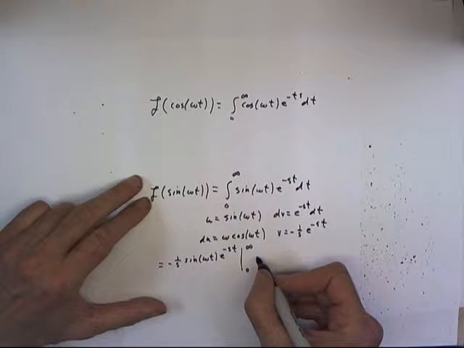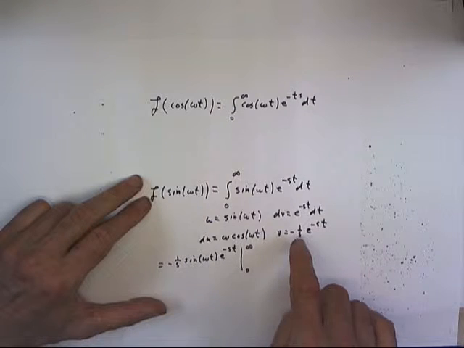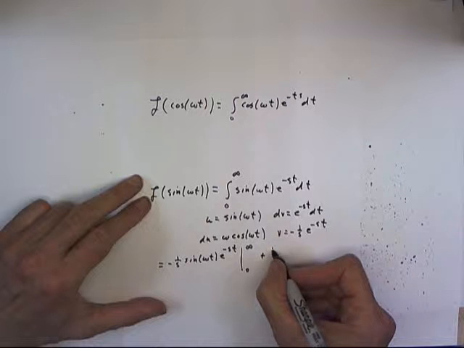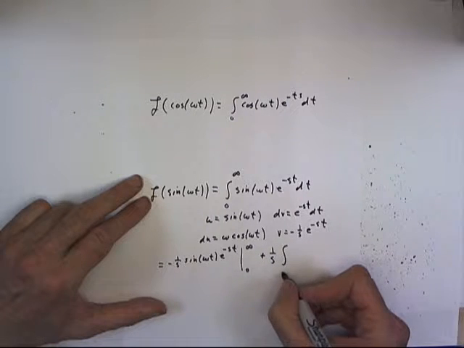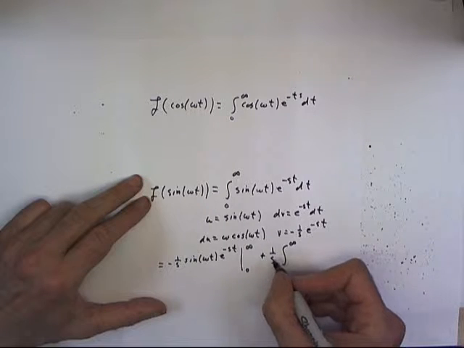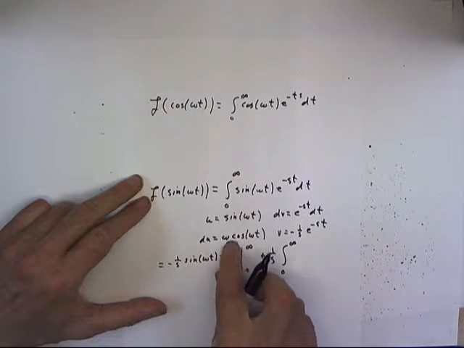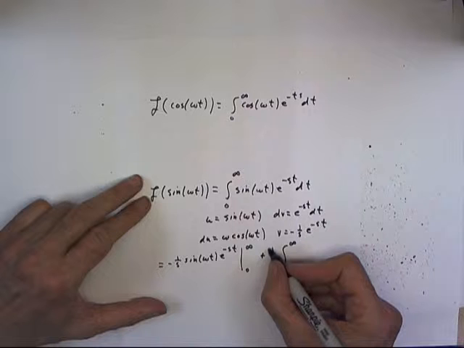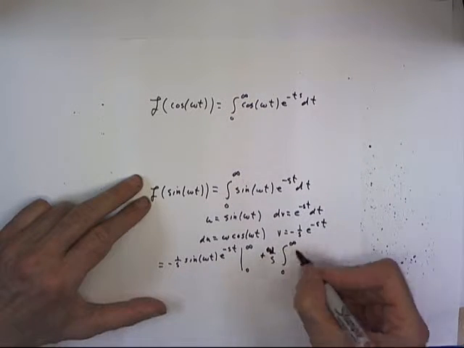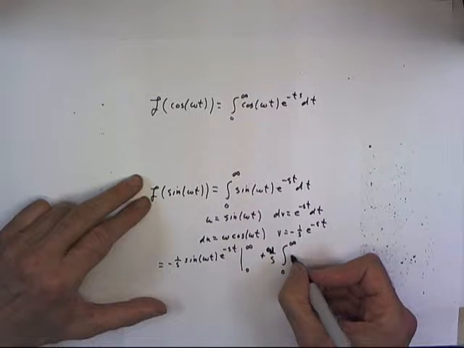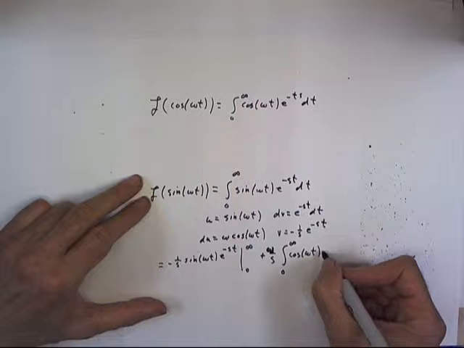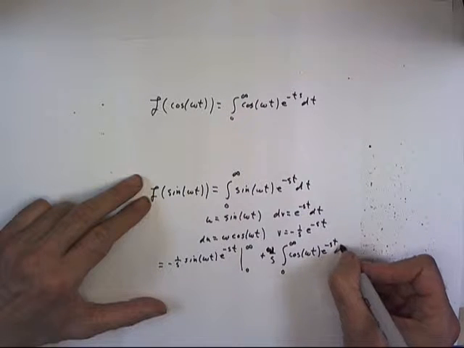And then it's going to be minus the integral of v du. The v already has a minus, so we write that as 1 over s times the integral from 0 to infinity, and let's put the omega out here too: omega over s times the integral of the cosine of omega t e to the negative st dt.